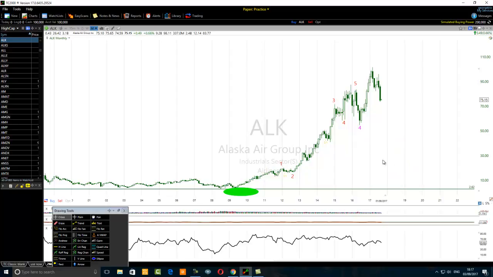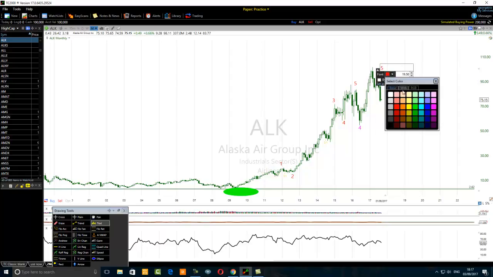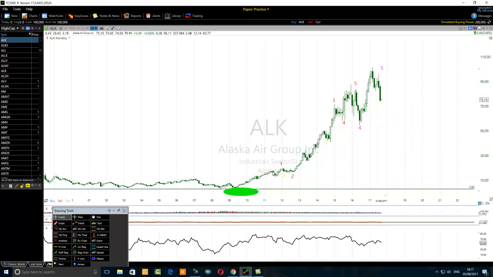The pink one is the higher degree fourth wave, followed by the fifth wave of a higher degree. We'll change the color again to pink so you can differentiate between the internal wave of the third wave. And then here we have our third wave of a higher degree. We need to change the color also into pink.